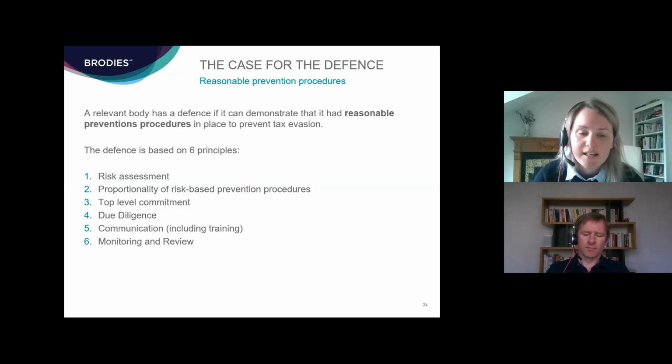Communication, including training, that involves essentially the embedding internally, making sure that both staff and business partners understand the risks and that they understand the prevention procedures. Monitoring and review, keeping under review prevention procedures, making sure that they remain appropriate to the company's business and operations, and monitoring the conduct of business associates.